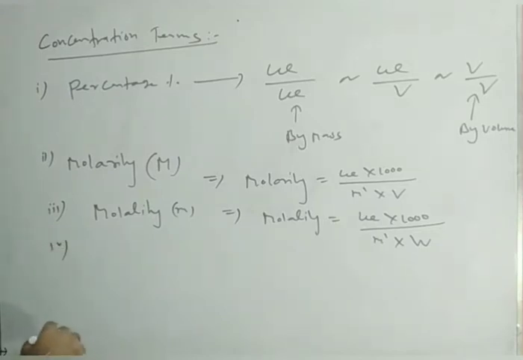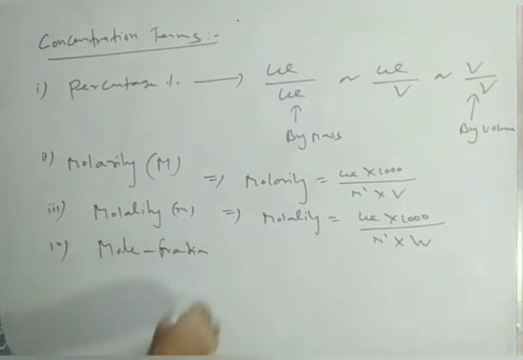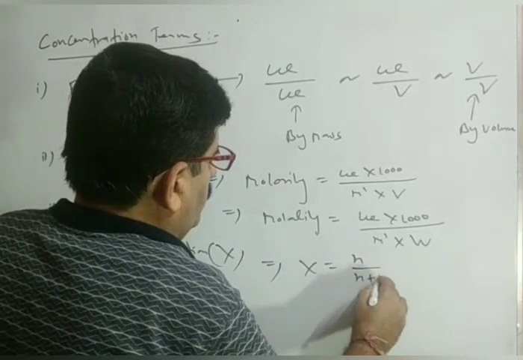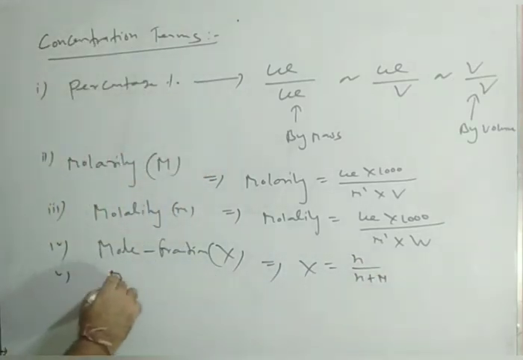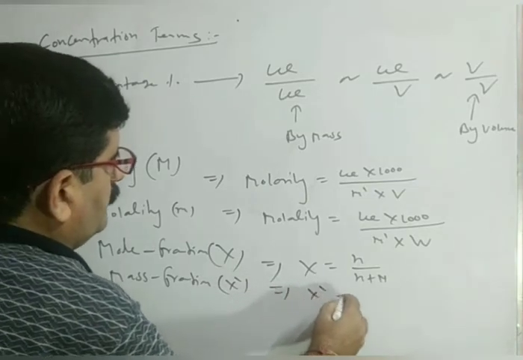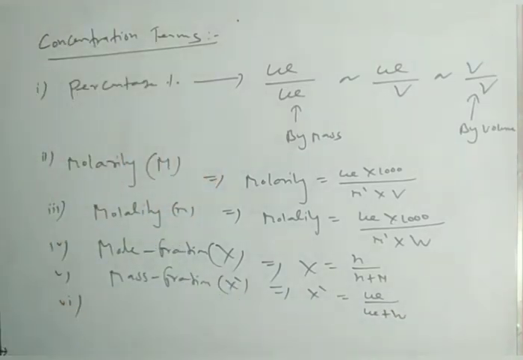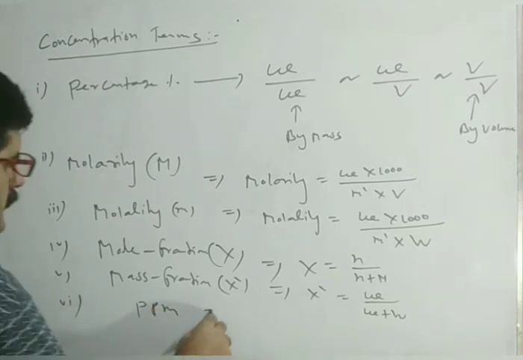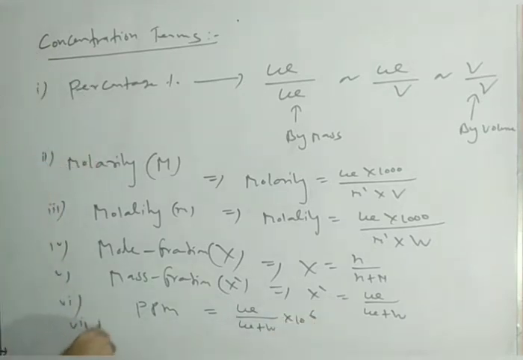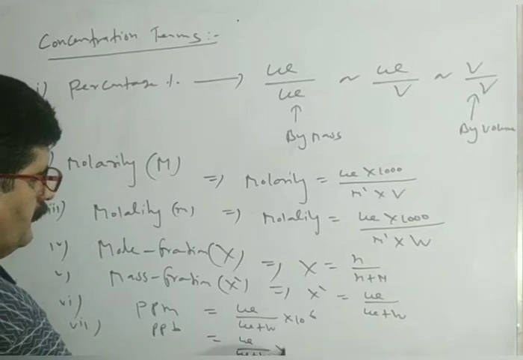Fourth, mole fraction. X is equal to small n by small n plus capital N. Mass fraction, suppose X dash is equal to small w by small w plus capital W. ppm, w by w plus capital W into 10 to the power 6. ppb, w by w plus capital W into 10 to the power 9.